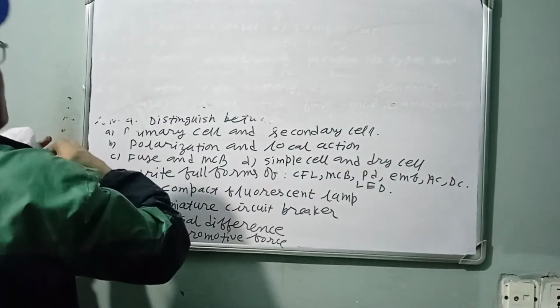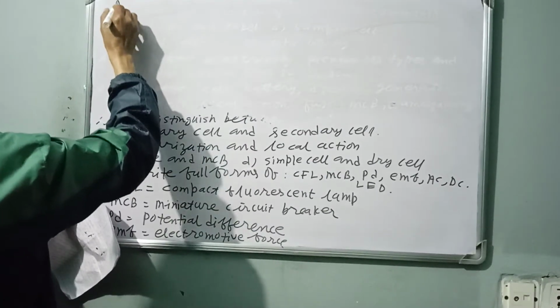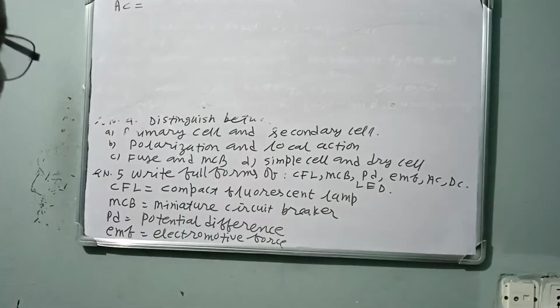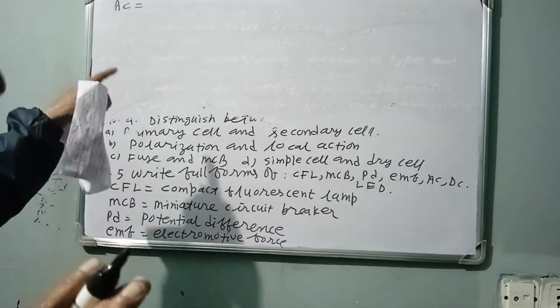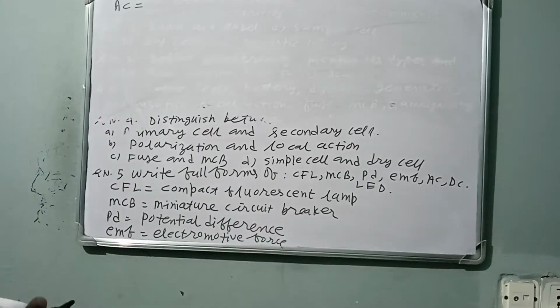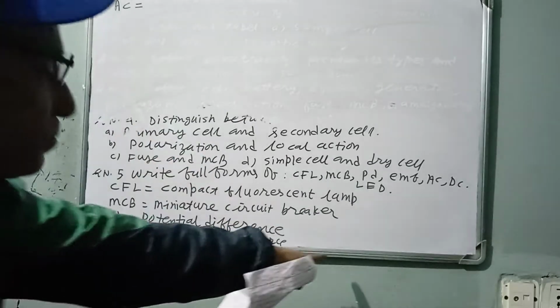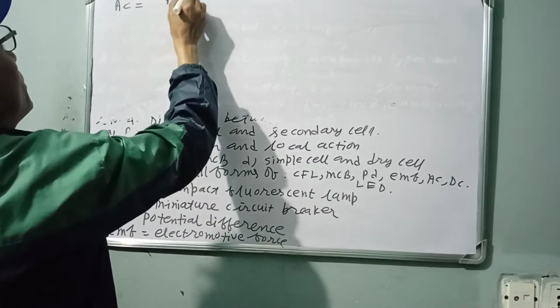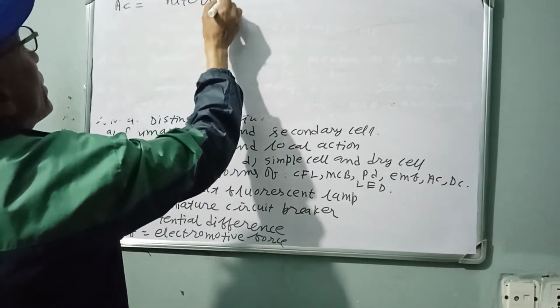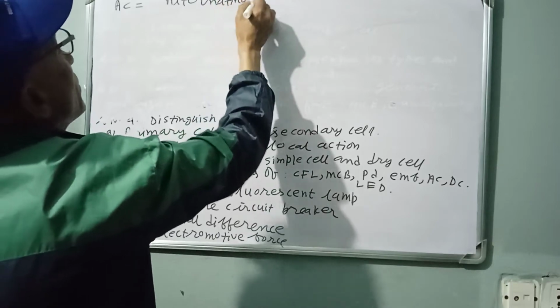AC: many persons are confused, AC is not air conditioner here. We say AC for air conditioner, but here in electricity it is alternating current.